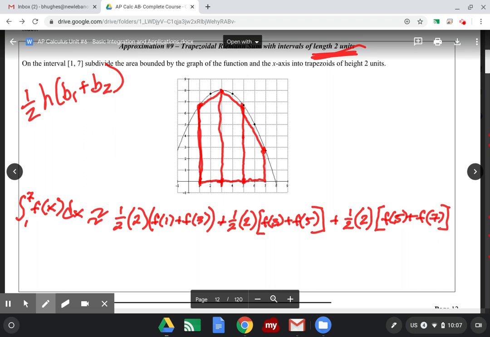So we do have something that's in common with all of those. All of those have a 1/2 and a 2, because that's the height of every single one of them. So if I factor all of those out, what I have left is f of 1, and that's the only time that I use that as a base. Then I have f of 3, but I'm using that twice because it shows up as the base of 2 different trapezoids.